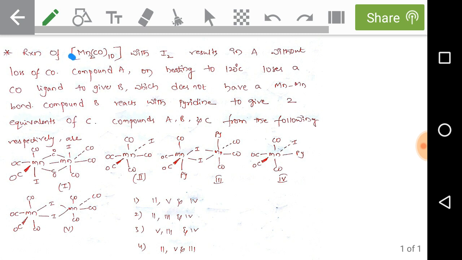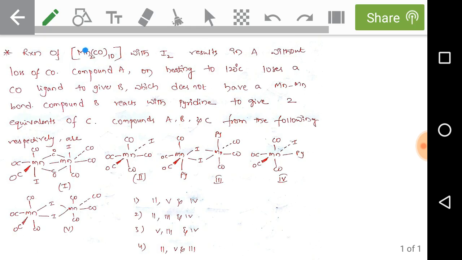First thing, whenever you locate the given manganese carbonyl, that means a dimer, reacting with iodine to give A without loss of CO. That means there is no loss of CO here, but here also we need to check the stability of the complex. If you count the total electron count on this manganese complex, it is 36, that is the effective atomic number, the stable atomic number.